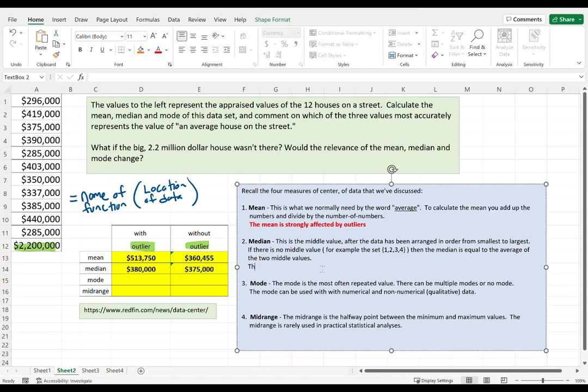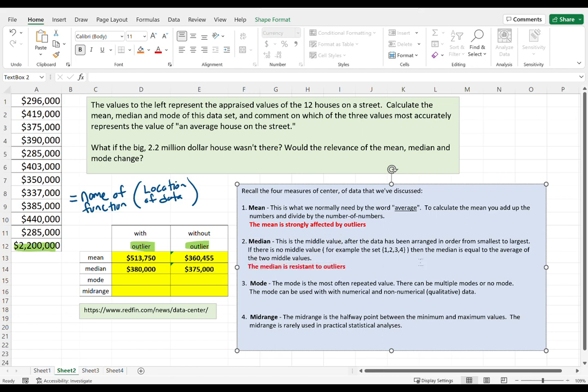So we say the median is resistant to outliers. The median is resistant to outliers. And let's put this again in bold red. Okay, because this is important.